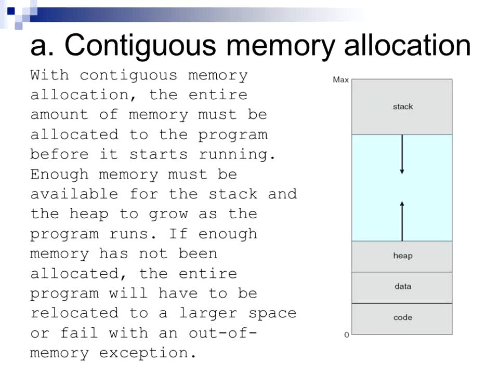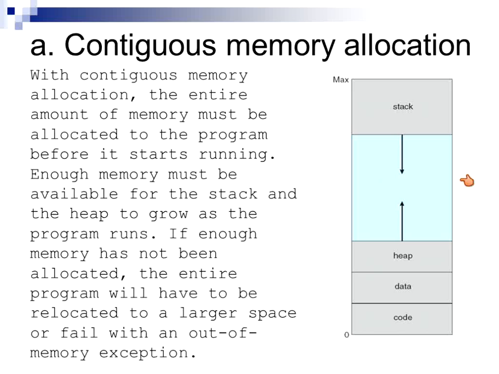So here we have contiguous memory allocation, and this is just a picture of what a program would look like in memory. We have the code, we have the data, then we have the heap and the stack, and the heap and the stack are growing toward each other in the free space that's kind of in the middle of this memory that is allocated to this process.